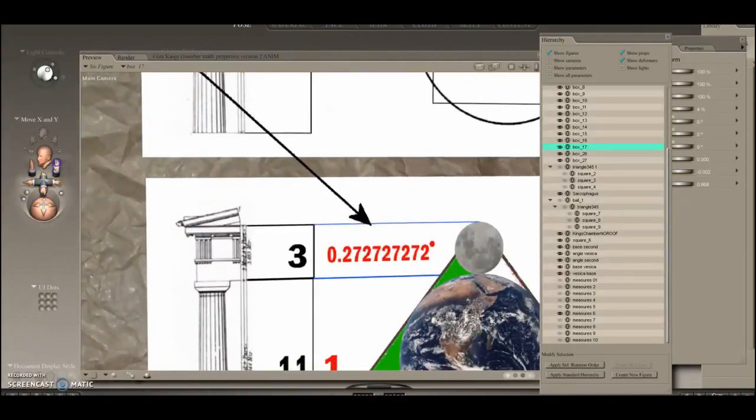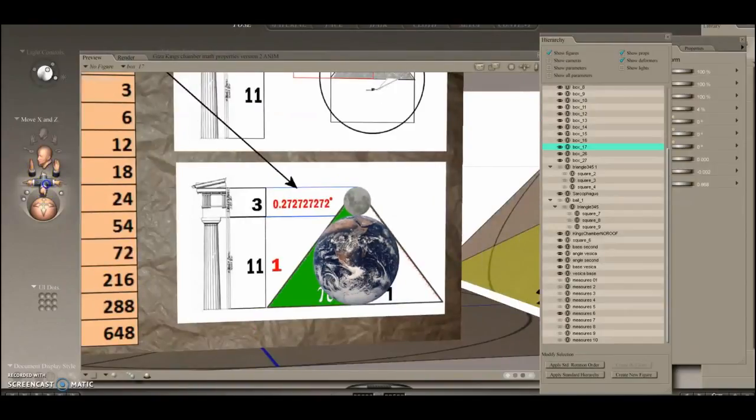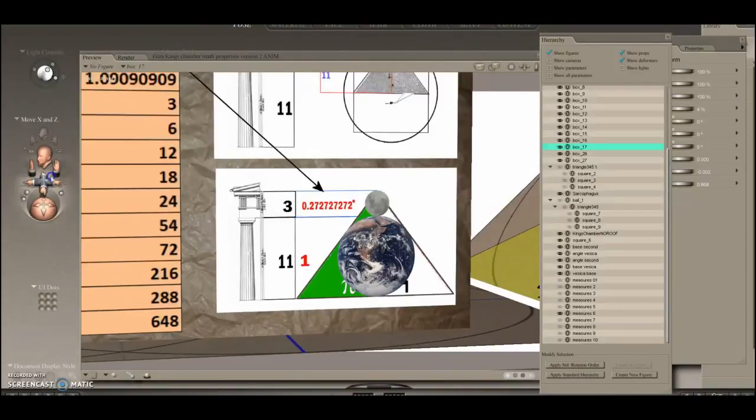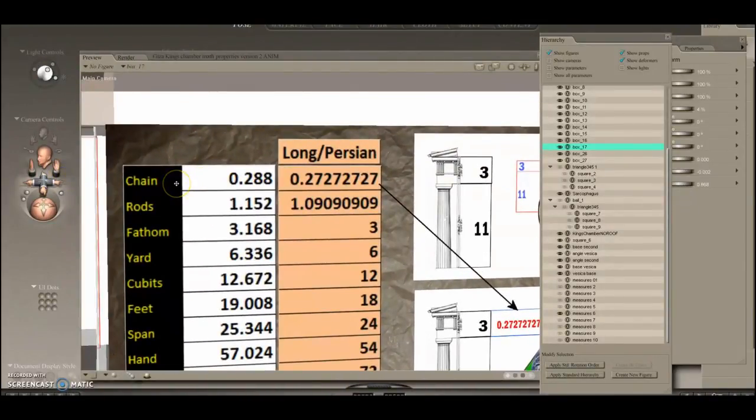So what we have there, and again, I've done it in others, and other people have gone into it, is that the Great Pyramid also gives us proportions of the Earth to the Moon at 1 to 0.272727 on to infinity. Now, that's nice because in chain, and remember Gunter's chain, and I've done other videos on that, that brings us to beautiful numbers again.